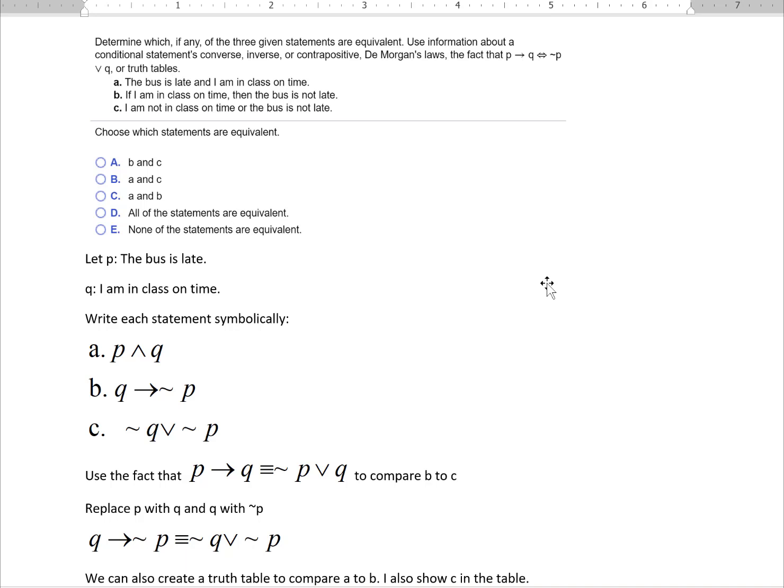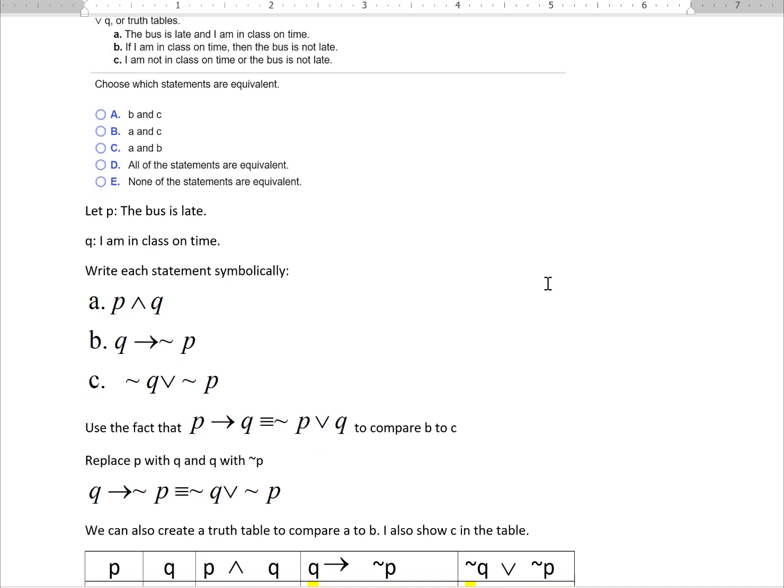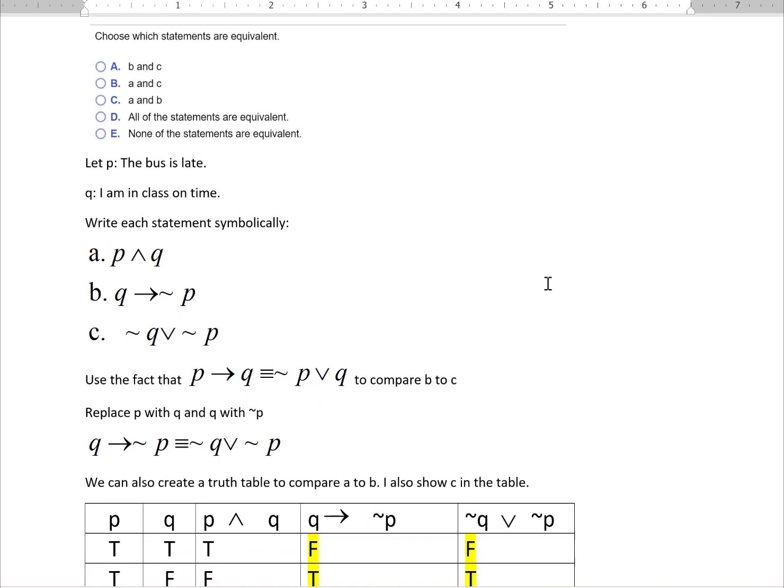And I wrote the 3 simple statements, A, B, and C, symbolically. And the first thing I did was work on comparing B with C, and I use the fact that I can rewrite this conditional in this format here. And if I replace the P with a Q, as I see in choice B, and the Q with a not P, and write the equivalent statement, indeed, B and C are equivalent. So I've got that part of it.